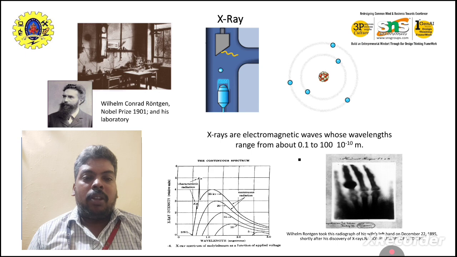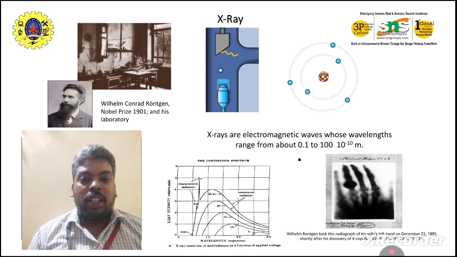Hitting it, the electron is ejected or excited to a higher energy state, and the empty state is filled by an outer orbital electron moving to the inner core. At that time the energy is released in electromagnetic form. That is one of the most highly energetic rays, called the X-ray.